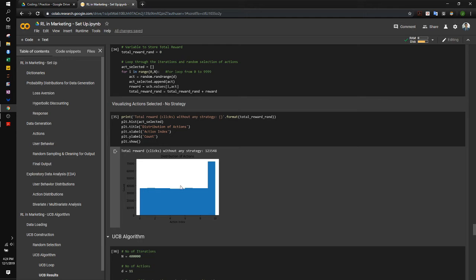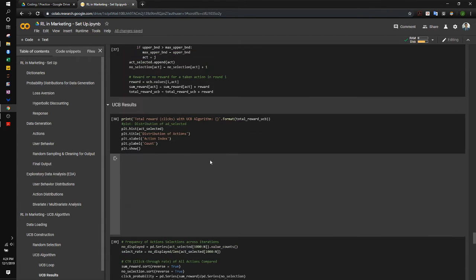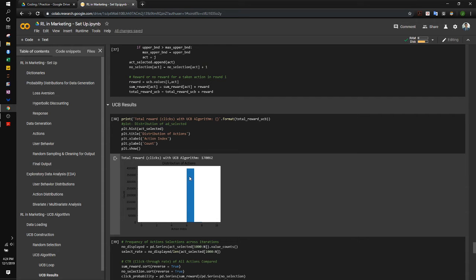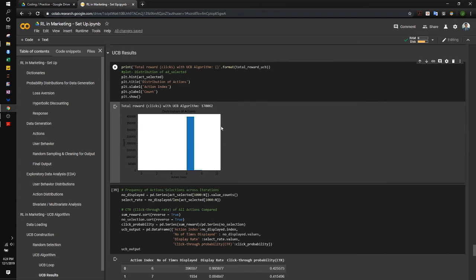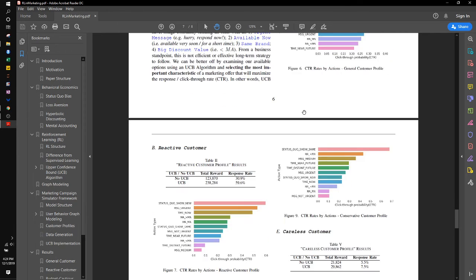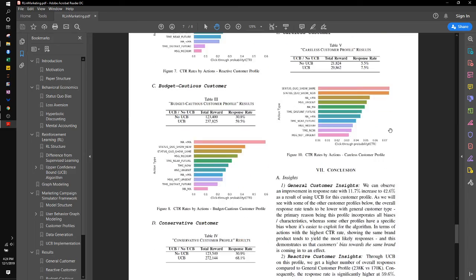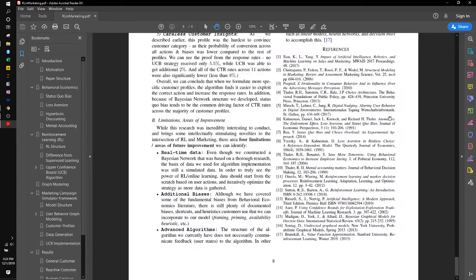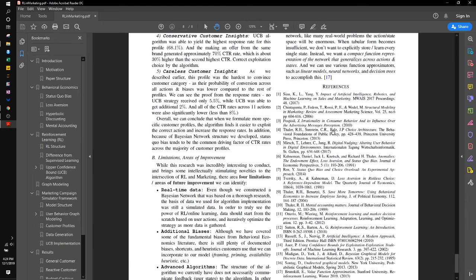So here it's more or less equally distributed apart from one, but here, as we can see, we're really exploiting, and the number of total rewards we're getting has increased significantly. So that is the gist of our project, but the full details are in the paper as well as in the code, and we have all of the scientific references that we used here.